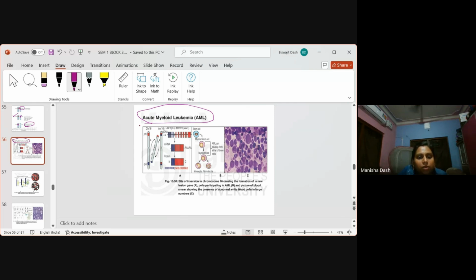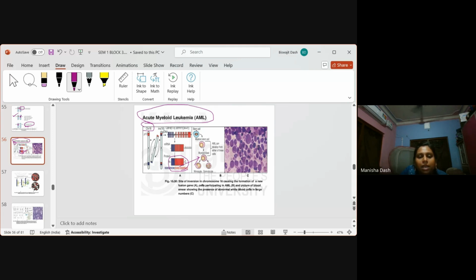Here you can observe chromosome number 16, with a region at the 13th band of the short arm and the 22nd band of the long arm, which is somehow inverted. Because of the inversion, a new fusion protein is produced, and this fusion protein is responsible for pushing the cell towards an uncontrollable cycle.